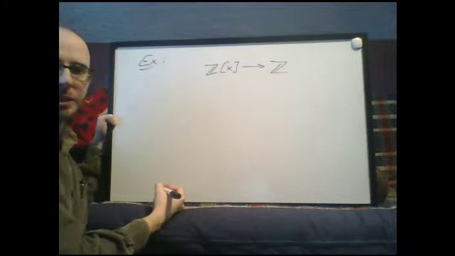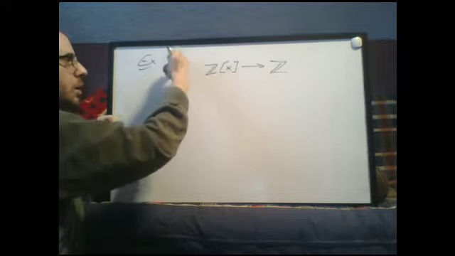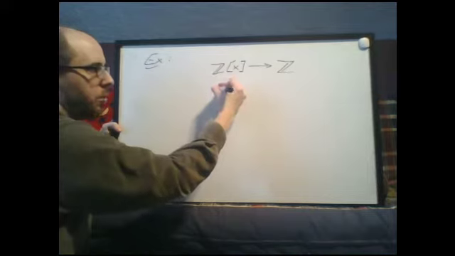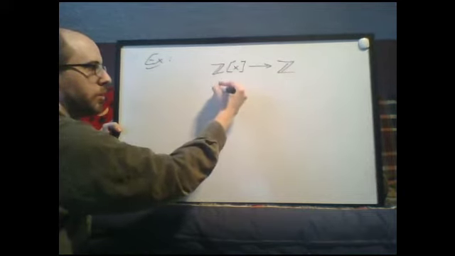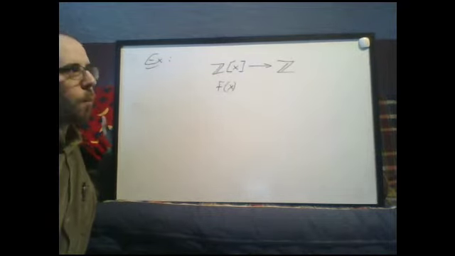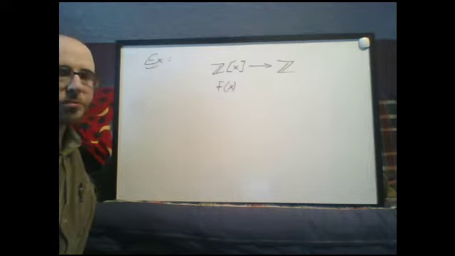I want a function to Z. I'll give it a name in a second, but here's the function. I have a polynomial f of x, a polynomial in the variable x with integer coefficients. The homomorphism I want to define here is called an evaluation function.